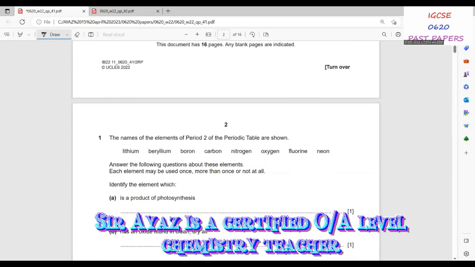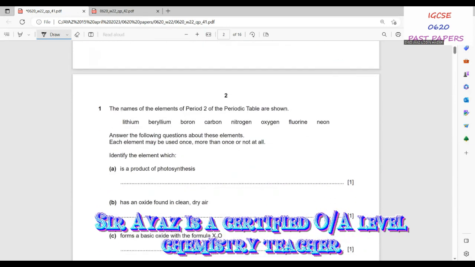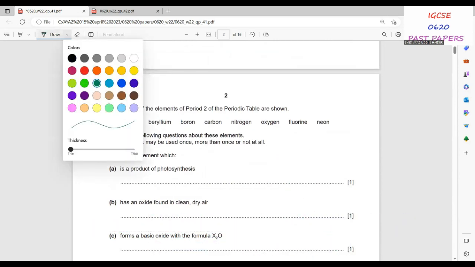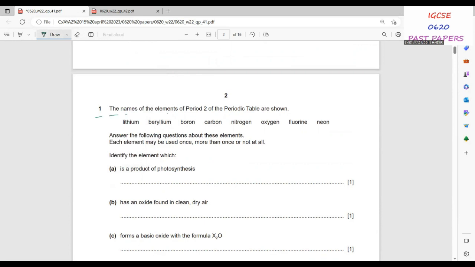So here's question number 1. The names of the elements of period 2 of the periodic table are shown.